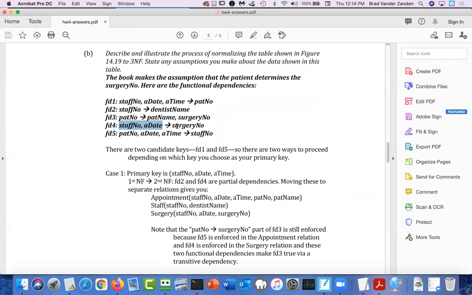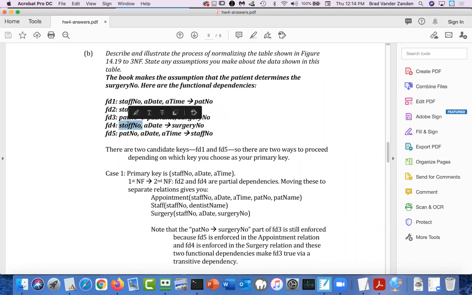What's odd about it is one of the two left-hand side attributes is part of the primary key, the appointment. So if you choose this as the primary key, then this is part of the primary key, and it looks like maybe it's a partial dependency.